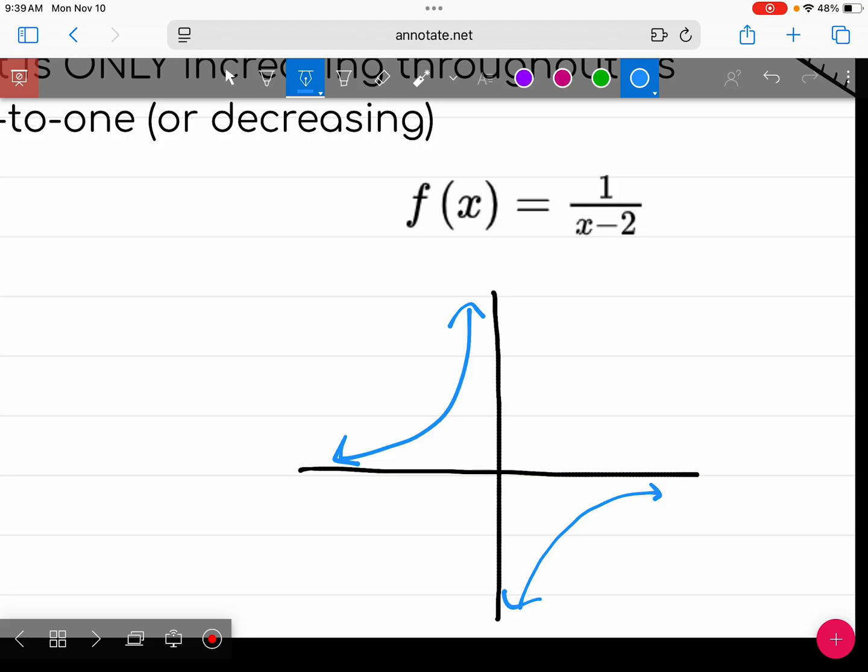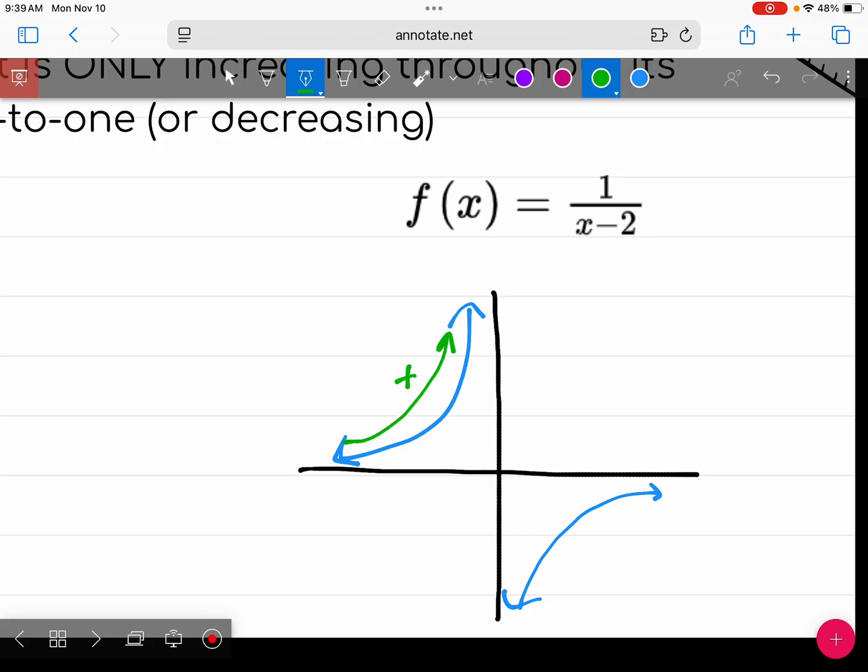Is this increasing or decreasing? Wouldn't it be both? So we read from left to right. So we are increasing here on this segment. What about on this one? Increasing. Because we read from left to right.